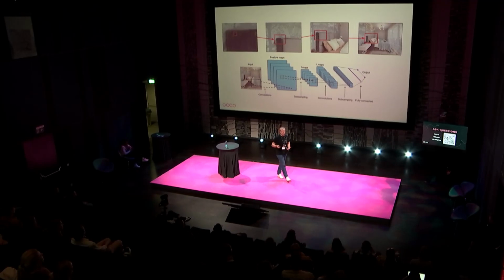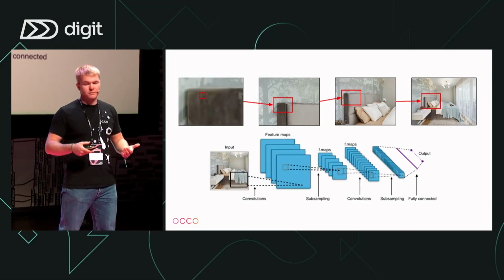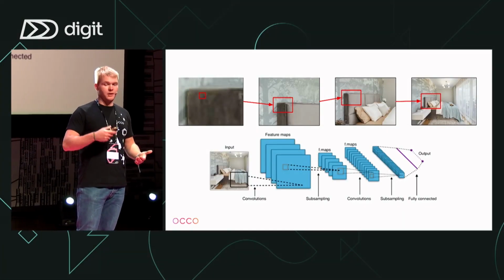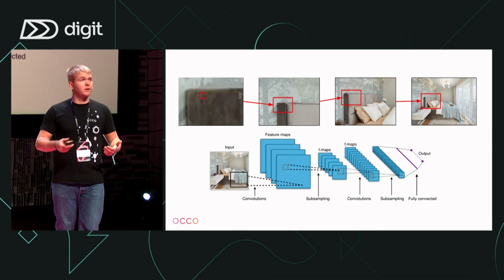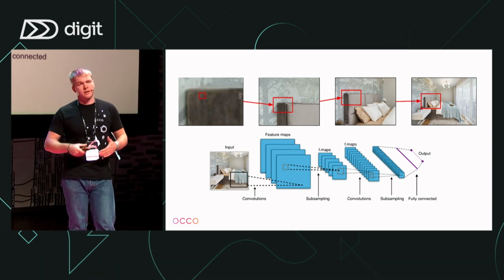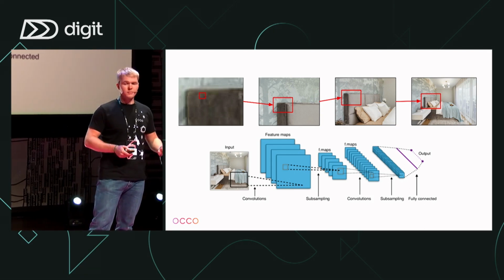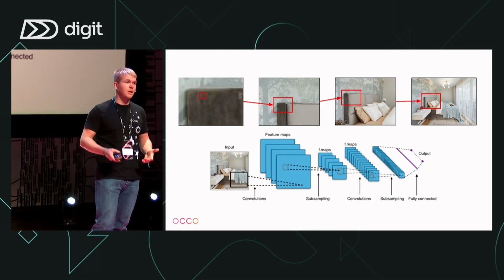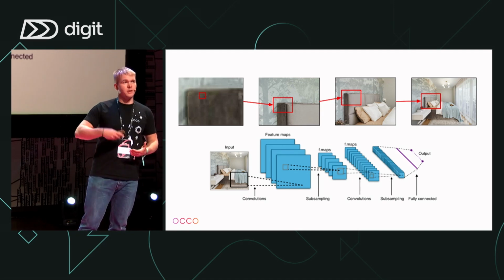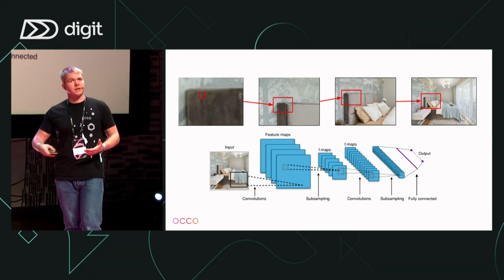So, for example, we have a data set of beds. We start running the convolution on the initial image. We get the output. Initially, the calculations are randomized. The kernel is randomized. We get the initial output. We downsize it. We run the convolution again. And we do that in layers.